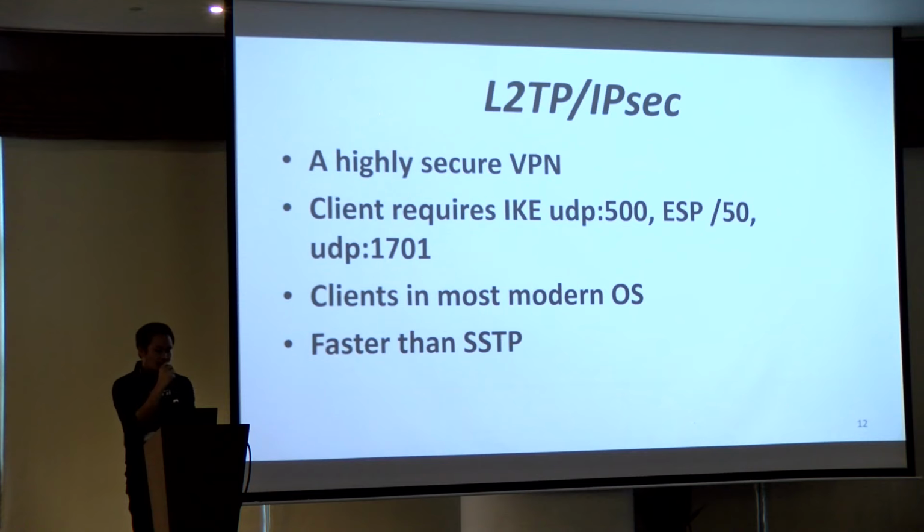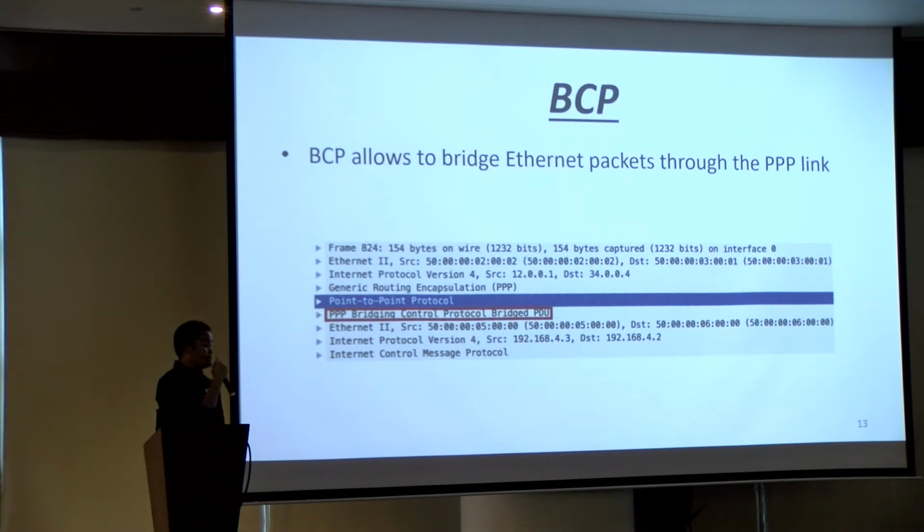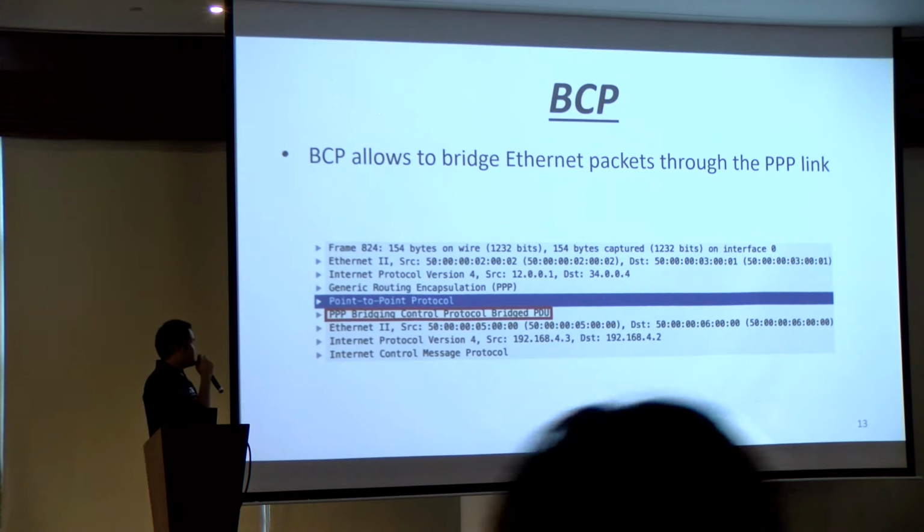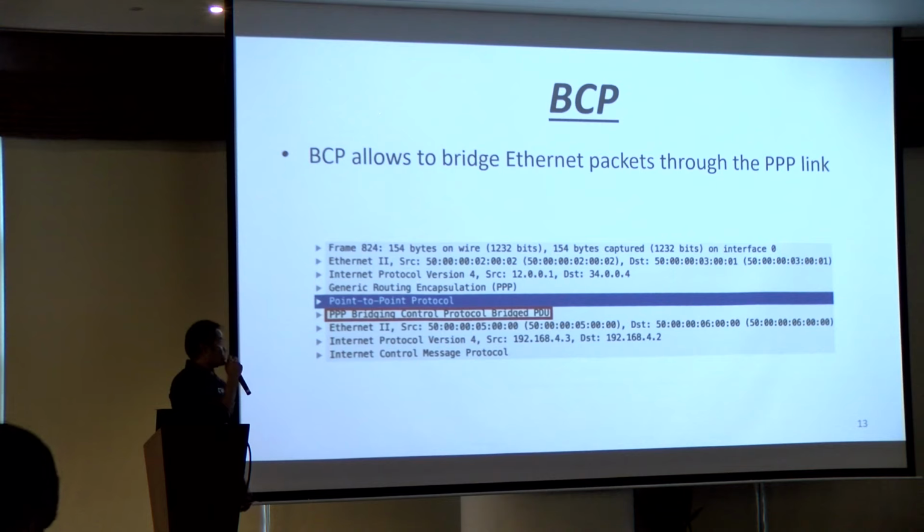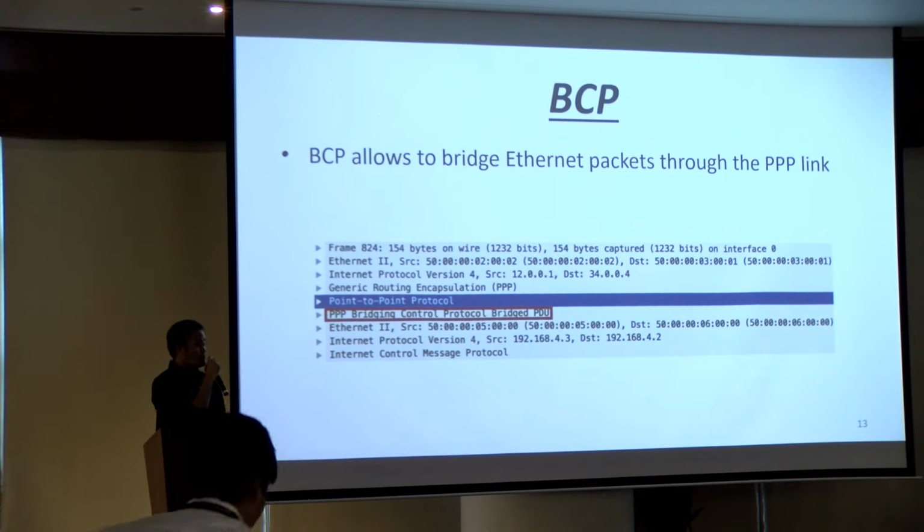And then the second requirement is BCP. It is the Bridge Control Protocol. This capture is from Wireshark, showing the Bridging Control Protocol. BCP can carry bridged Ethernet packets through a PPP link.